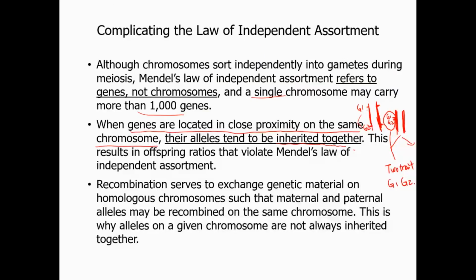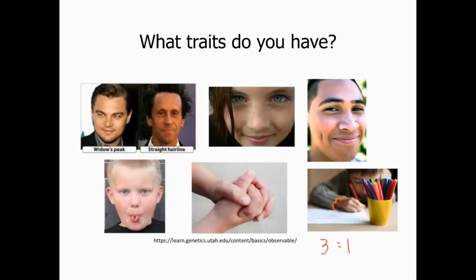Some genes may not be related, but they are located in proximity on the same chromosome, so they may be linked when the chromosomes are separated and end up in different gametes. That's one thing, and also crossing over, right? And also, some traits may be determined by multiple genes instead of just one gene.